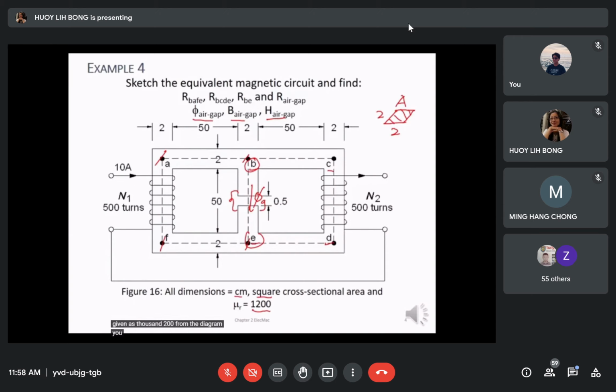From the diagram, we can see that the current flowing in is 10 amp. The number of winding N1 is 500 turns and N2 is 500 turns. From the first winding is connected to the second winding and the current flow is labeled as shown.